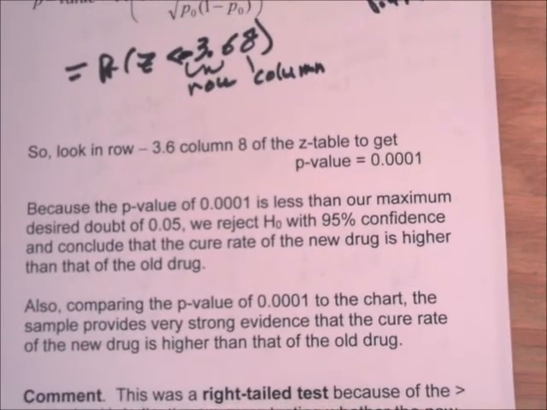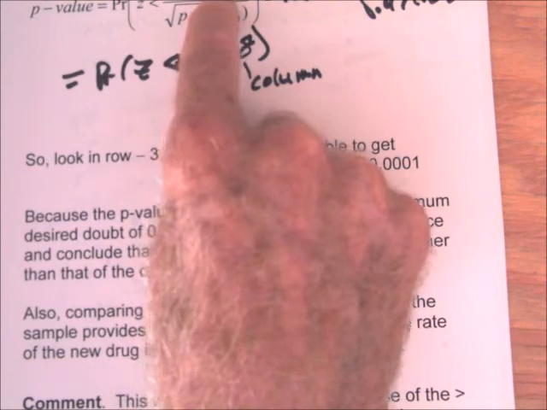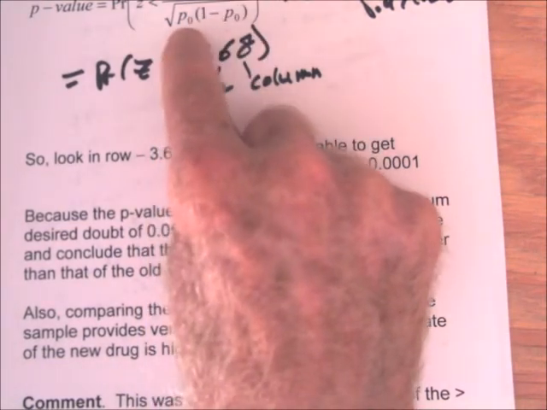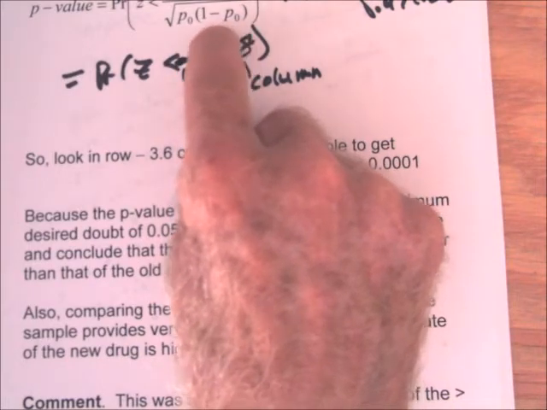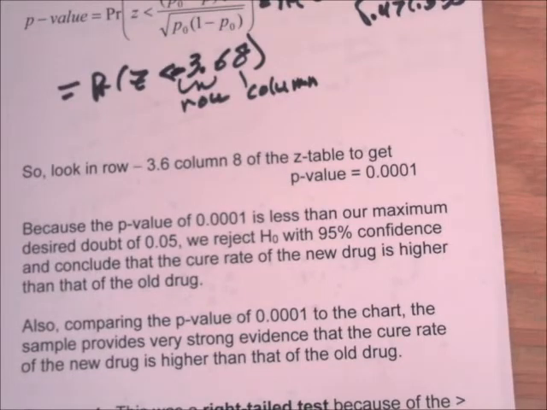And we can compute some parts of this formula separately. This p-hat minus p0, if you bring the n down to the bottom, you have p0 times 1 minus p0 over n, and the square root of that whole thing. That's called the standard error. Sometimes it's useful to compute that separately.